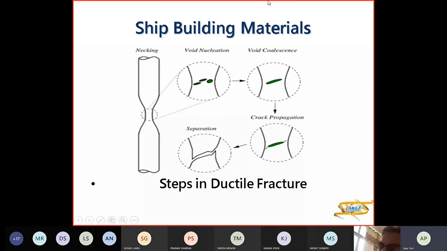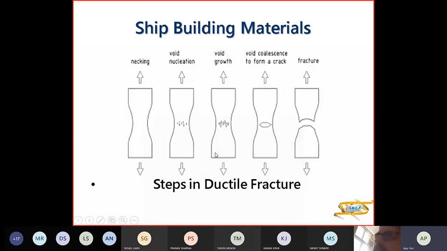Now these are the steps of ductile fracture. You're pulling a material. This forms a small thin area that is the neck. In the neck you will have void nucleation, and then these voids will join together to have void coalescence, and then the crack propagation starts, and then the separation or the breaking occurs in the ductile fracture.